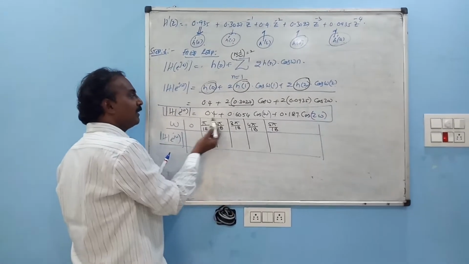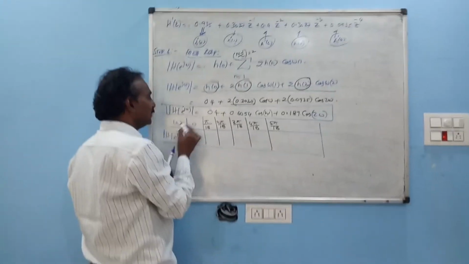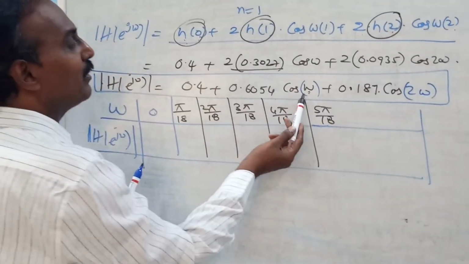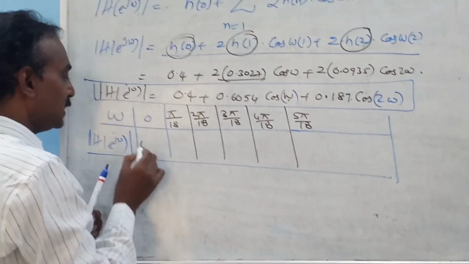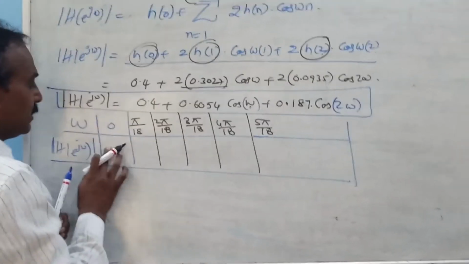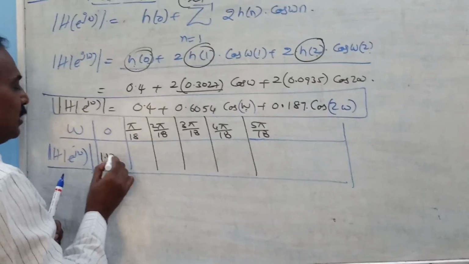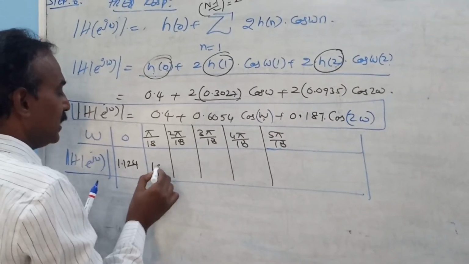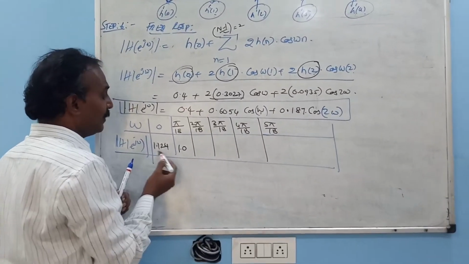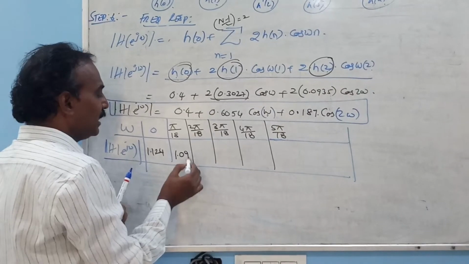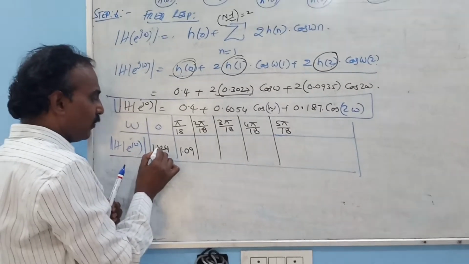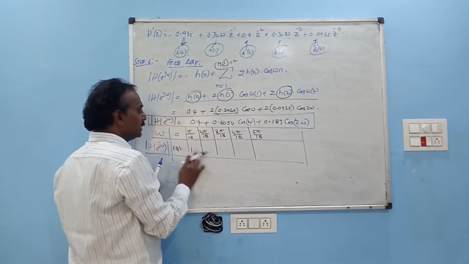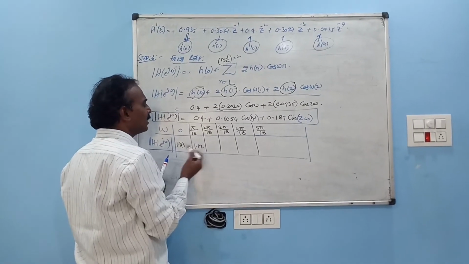Remember, when I substitute omega equal to 0, whatever values, suppose it is 1.124, now this is approximately 1.09, now this is I think 1.41, this is 1.12, approximately I am trying to say.